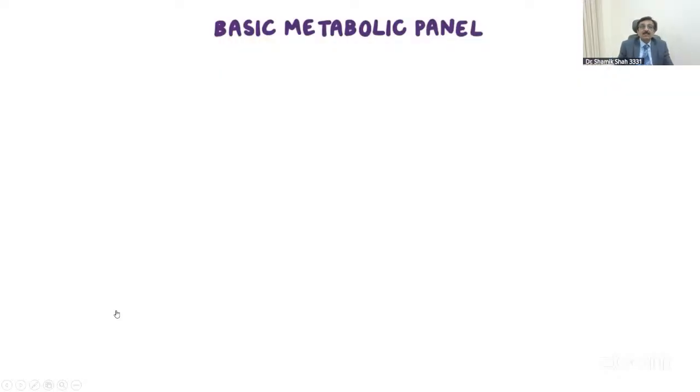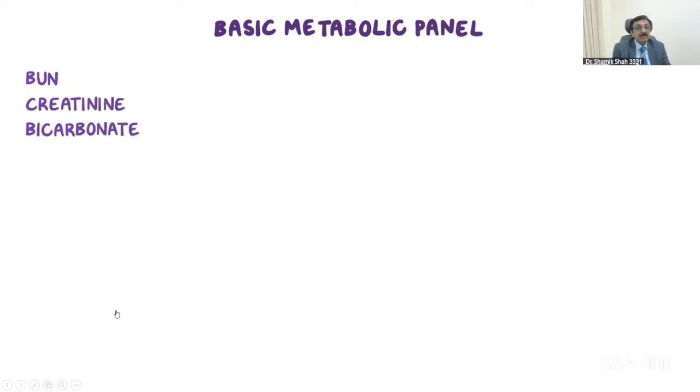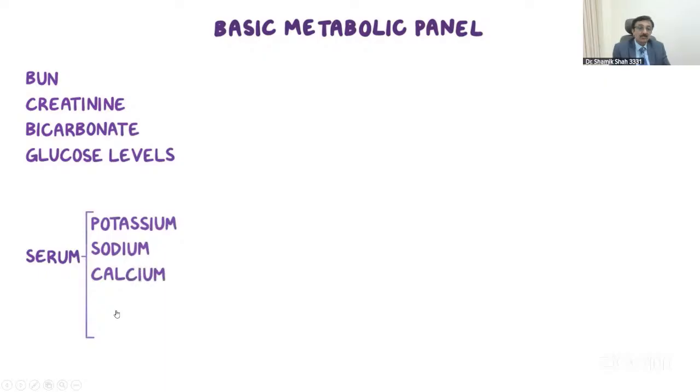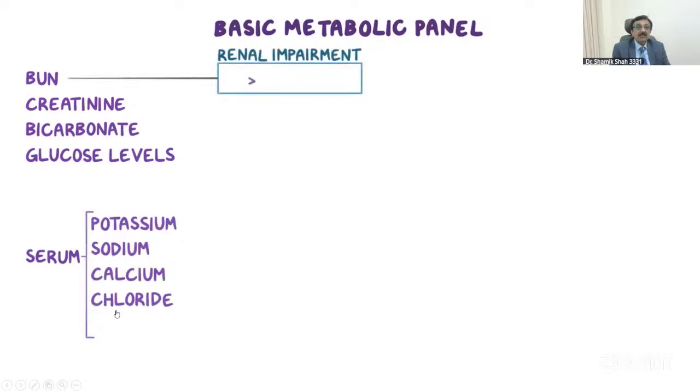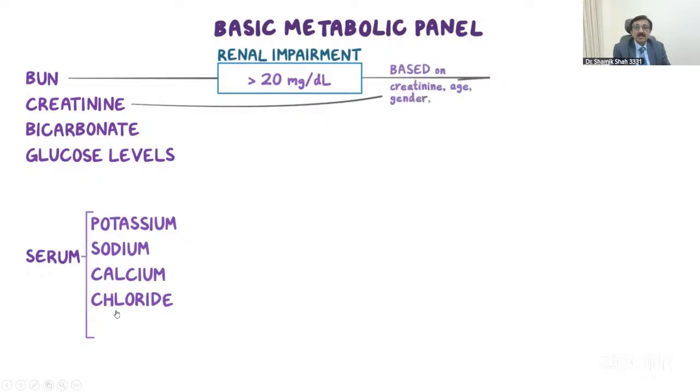So when we are faced with hyperkalemia, we must order a basic metabolic panel, look at the BUN, creatinine, bicarb, glucose level, and also look at the serum potassium, sodium, calcium, and chloride level. Now, if the patient has renal impairment, then the BUN and creatinine levels are elevated. We calculate an estimated GFR based on the patient's creatinine, age, gender, and weight.